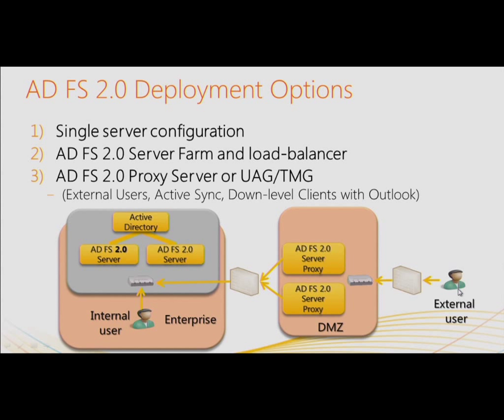So the external user will pass the first, let me say, the first firewall here, will access the network load balancer, and will be routed to one of the two ADFS server proxies. There will be an SSL communication here through port 443. The communication will be routed again to the network load balancer, and then to one of the two ADFS servers that are inside the corp network.